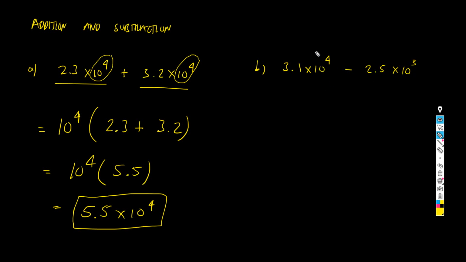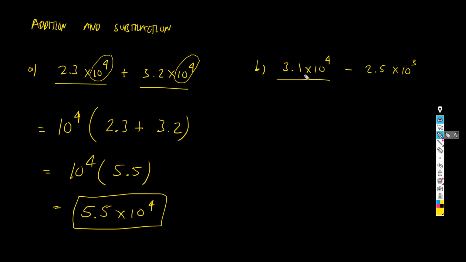For example, let's try to express this number as a number which is written as something times 10 to the 3. That's what I want to do. Okay, so let's do it. Or, well, no, there is a better way to do this now that I think about it.